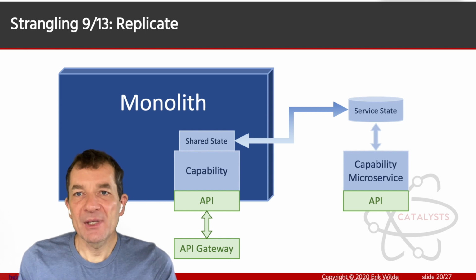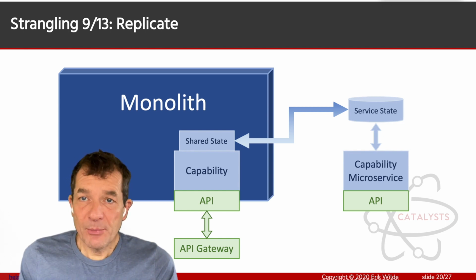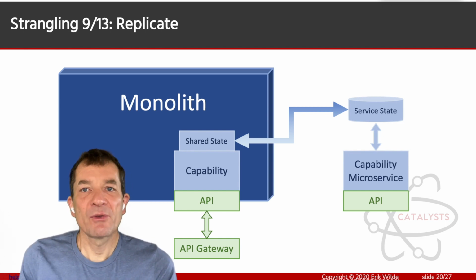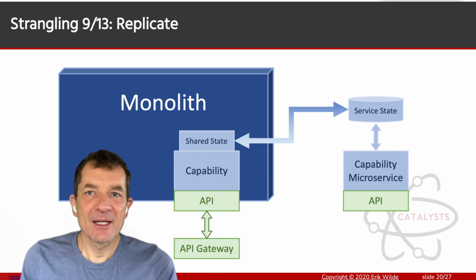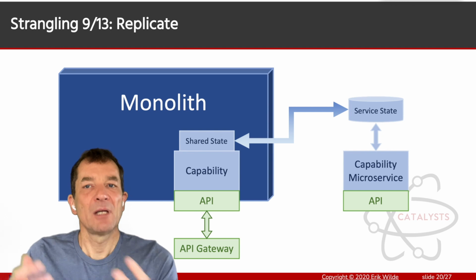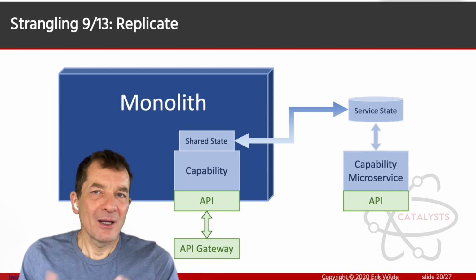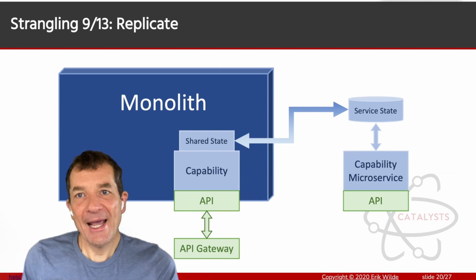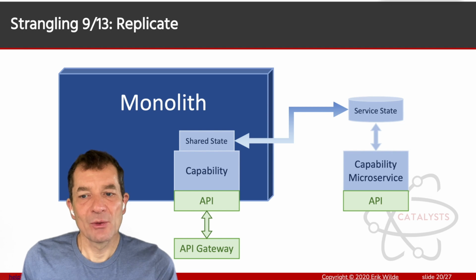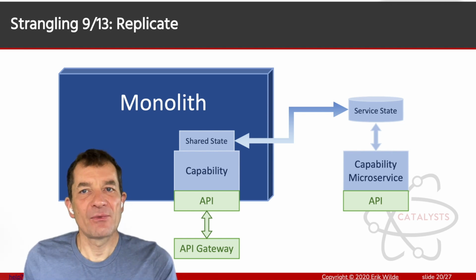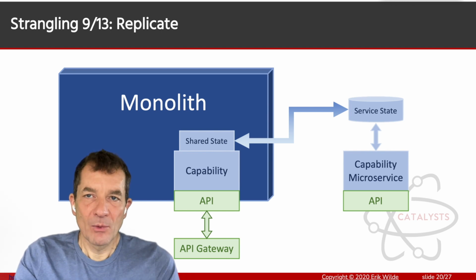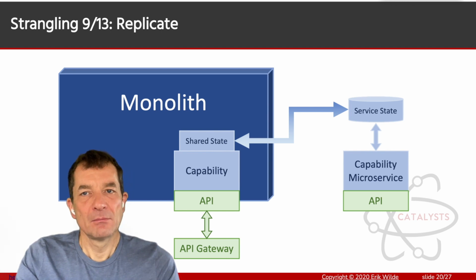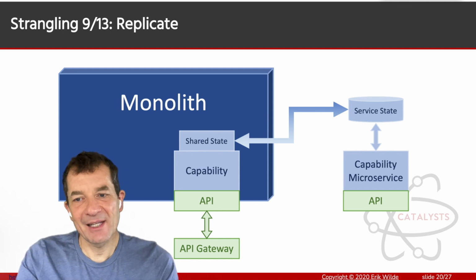This part can be a little tricky, but it's important because you want this smooth transition, and often it involves some kind of database export and database import or any other actions that you may need to take to move that state from the monolith to the microservice.